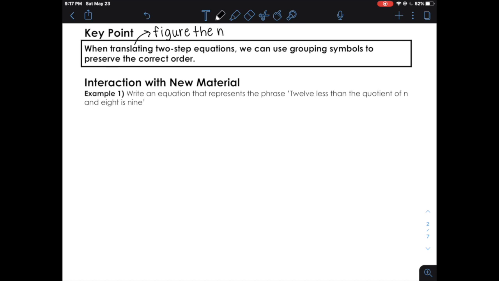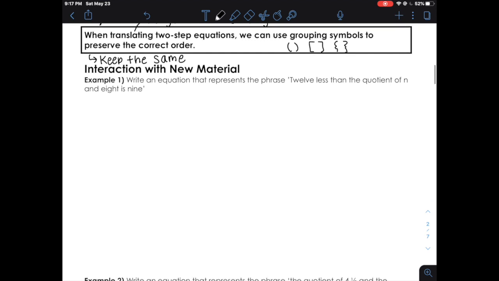So when we try to figure out the meaning of a two-step equation, we use grouping symbols, like parentheses or brackets or these weird little curly ones, to preserve the correct order. Preserve means to keep the same. So we want to keep the correct order the same.